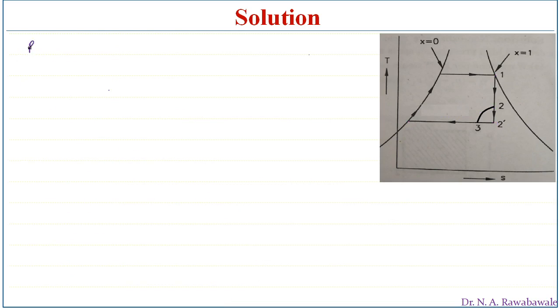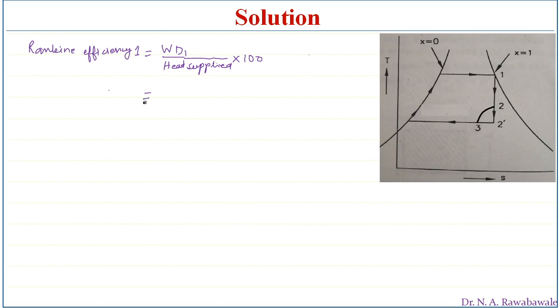For Rankine efficiency 1, Rankine efficiency is equal to work done 1 divided by heat supplied into 100.